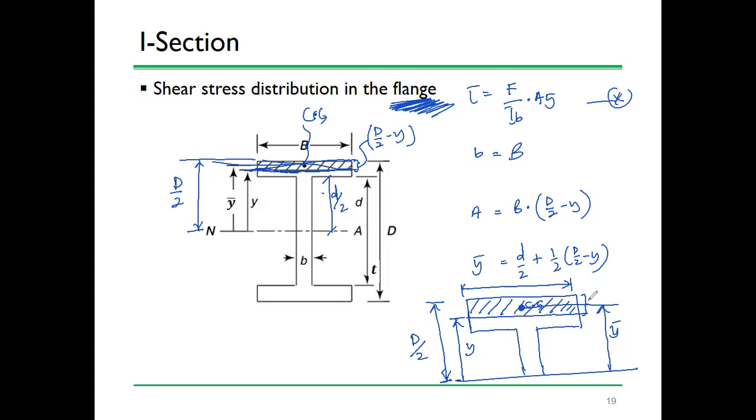It's simply this distance. Half of this distance plus the Y should give me my Y bar. And as we noted, this distance here is capital D over 2 minus Y. So it should be Y plus half of this distance. That should give me my Y bar.